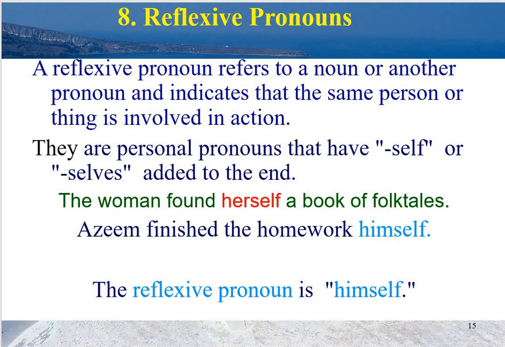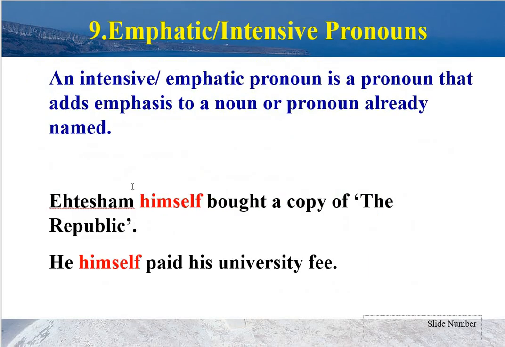This is one difference. Another difference is in reflexive pronoun, action is referred to the doer of an action, to subject. In emphatic, there is an emphasis that certain person has performed an action. I will discuss some other differences.